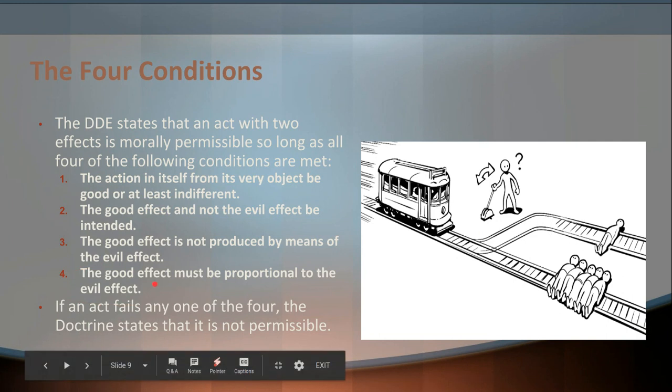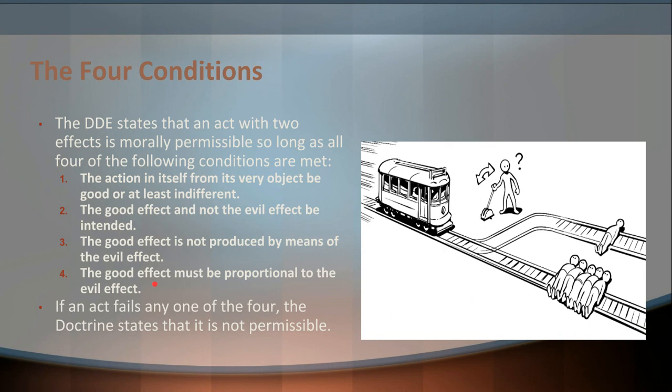Now, lastly, the fourth condition says that the good effect must be proportional to the evil effect. That is, the good effect has to be worth producing something bad to get it. So, say we take another example, something different than the trolley problem. Say we have a doctor providing euthanasia, that is, medically induced, basically mercy killing, to somebody who is already dying painfully of some terminal illness.